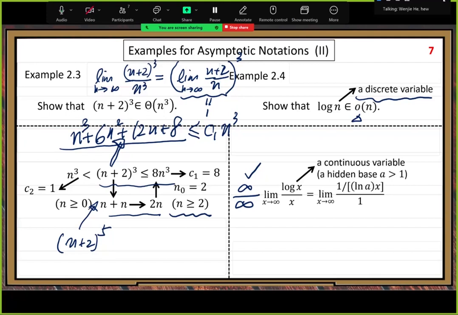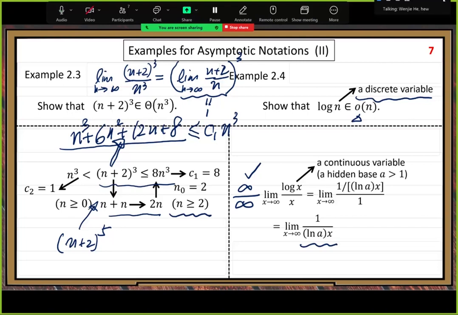Then we simplify the fraction. After simplification, this form is not indeterminate, since the numerator is 1. You cannot apply L'Hopital's rule another time, so don't do it.